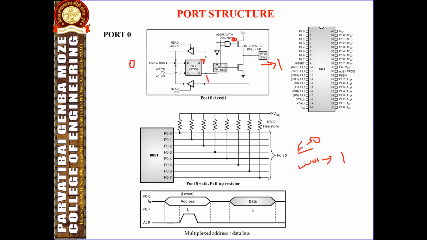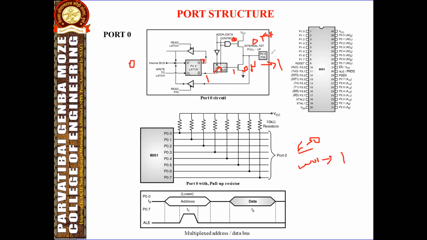Then this transistor will get interfaced here in the multiplexer, and one high signal will be obtained here. This FET will become on. Due to 0 output from this AND gate, the upper FET will become off and the lower transistor will become on.